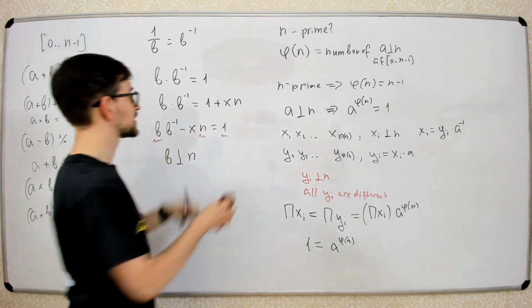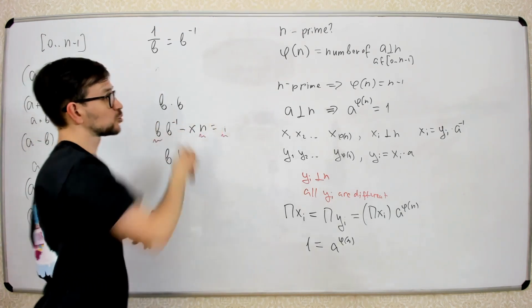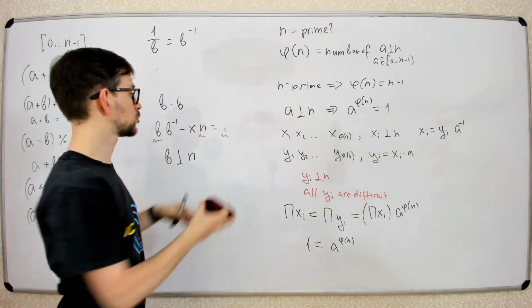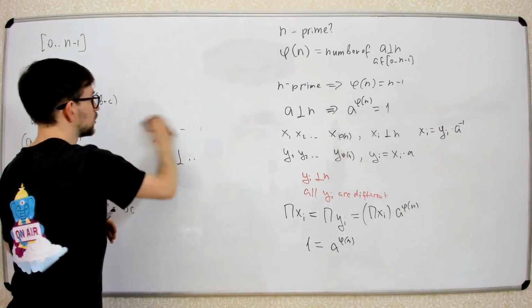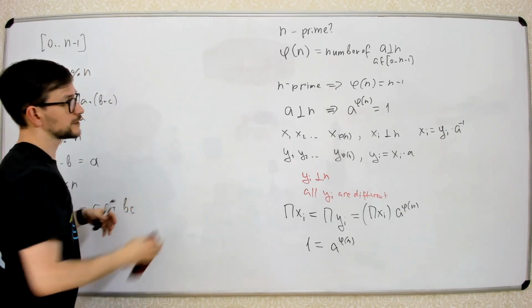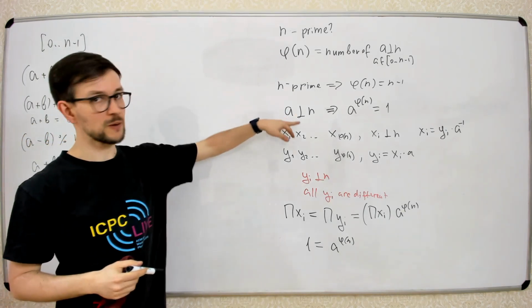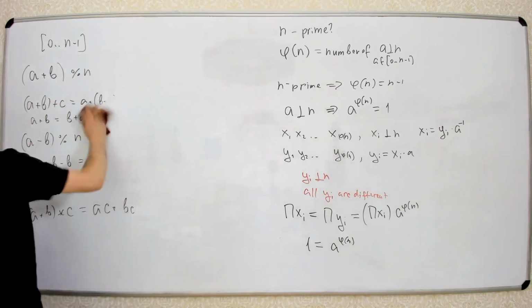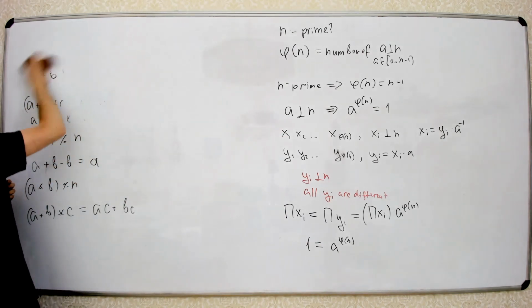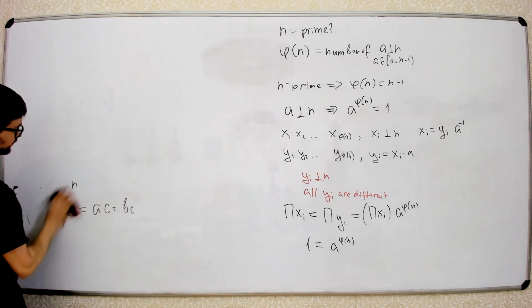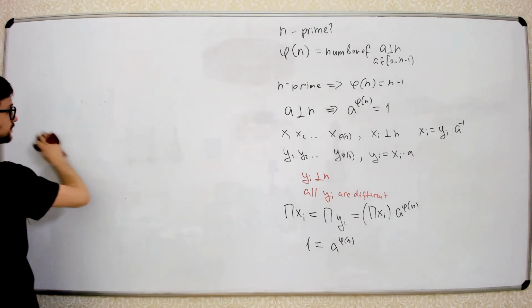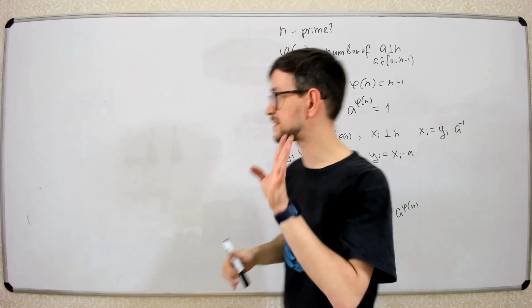Now, to the test. How to test if a number is prime? If you want to check if your number is prime, what can you do? You can take some random number a, and check if it is coprime with the number. So let's do it like that.